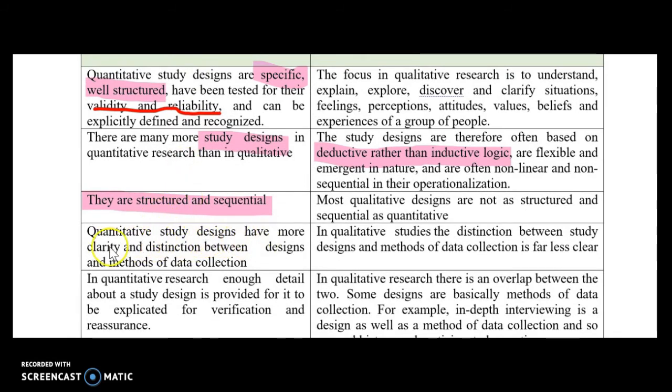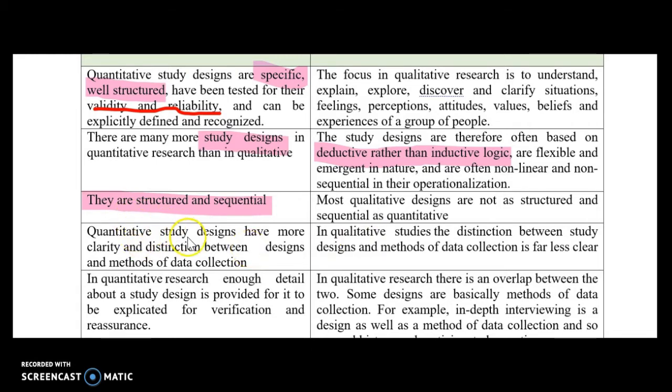Quantitative study designs have more clarity and distinction between design and methods. So the method in quantitative is, for example, a questionnaire. But as we will see later on, qualitative designs are less structured, and the methods are almost methodologies there.